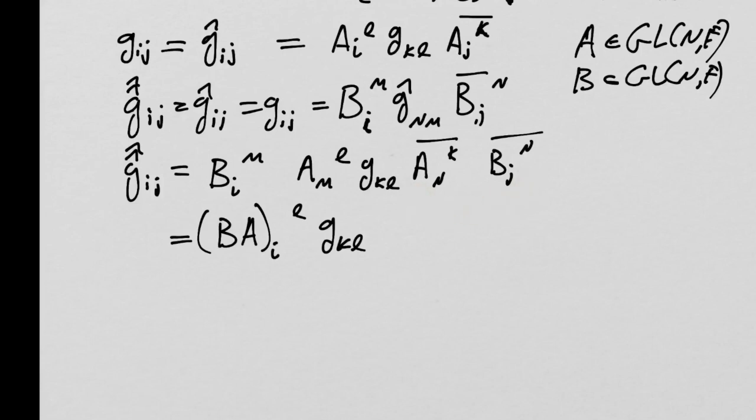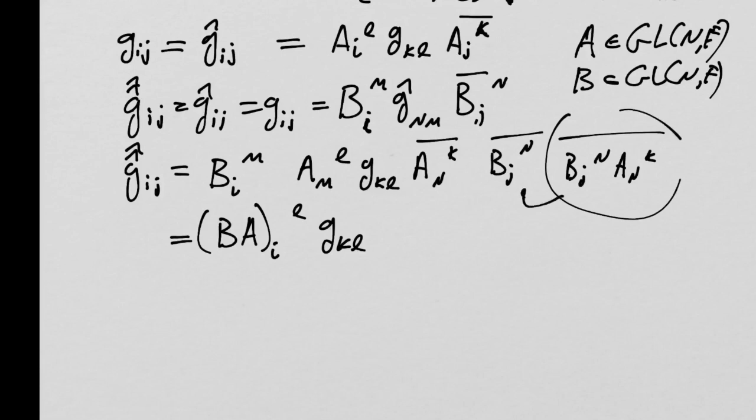What I know about two numbers is the conjugation of the product is the product of the conjugations in the reverse order, right? So I have to reverse the order to get B_JN, A_NK, and then I do the conjugation of the whole thing. That is what this is.